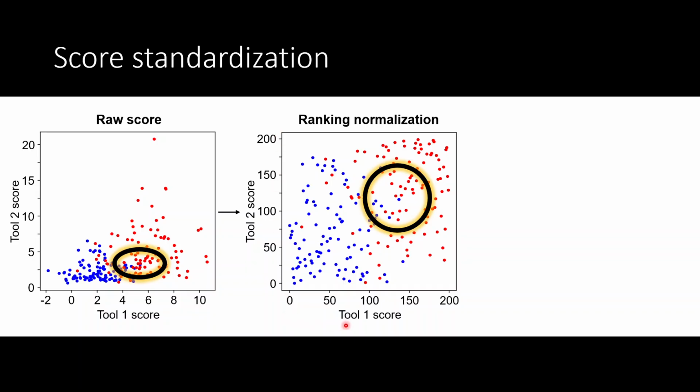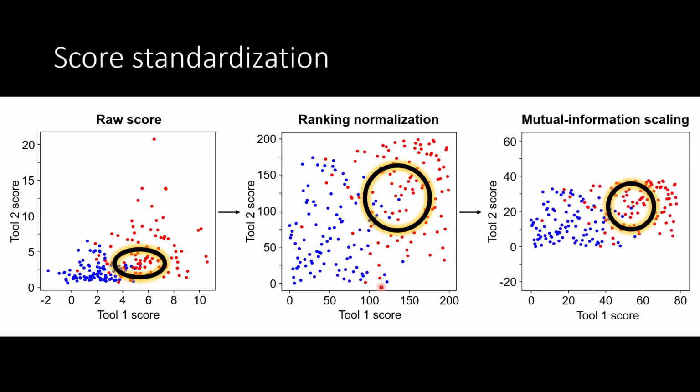Also, because each tool has a different power to discriminate pathogenic variants from benign variants, for example, here tool 1 seems to separate red dots and blue dots better than tool 2, we calculate the mutual information between the score and the dot color, and then scale each score with that mutual information. So now in this pre-processed multi-dimensional space, we can finally create our sphere, define the neighborhood and do the calibration.